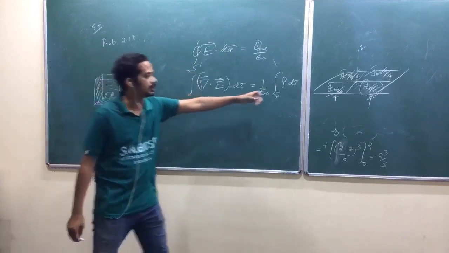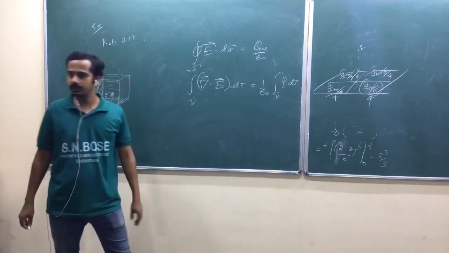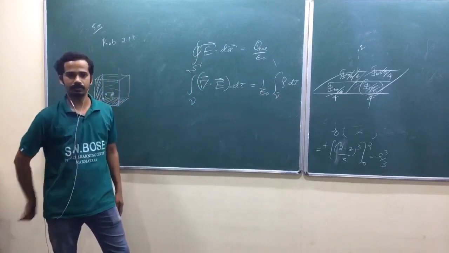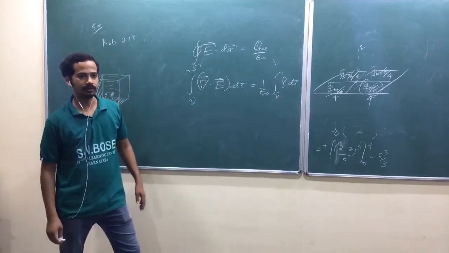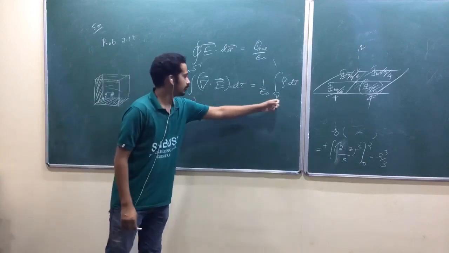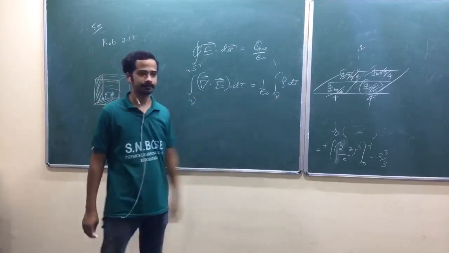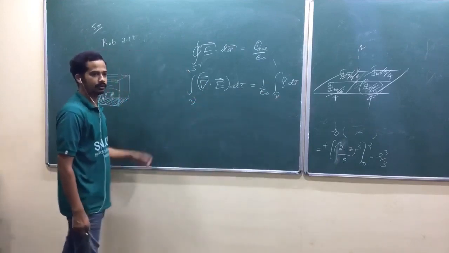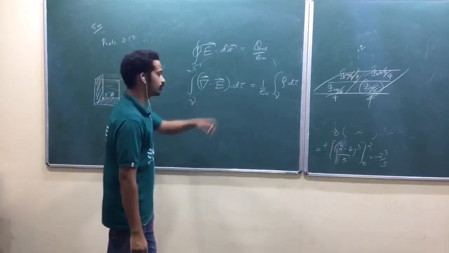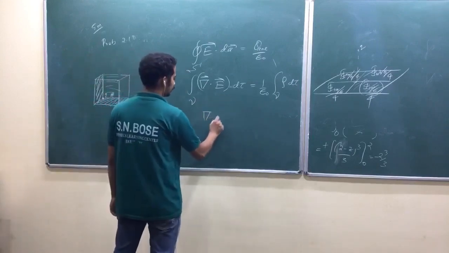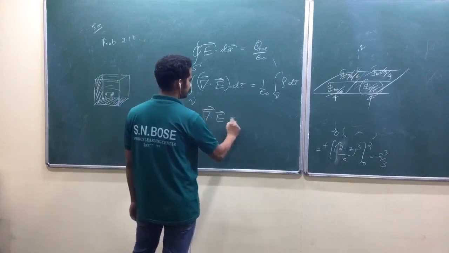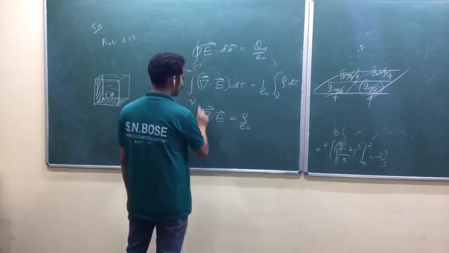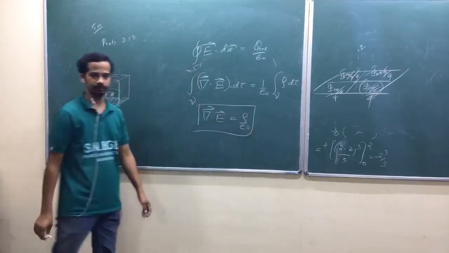That can be done in this way also. Now these two volumes should be same, isn't it? When those two volumes are same, you can write del dot E is equal to rho by epsilon naught. That is your differential form of Gauss law.